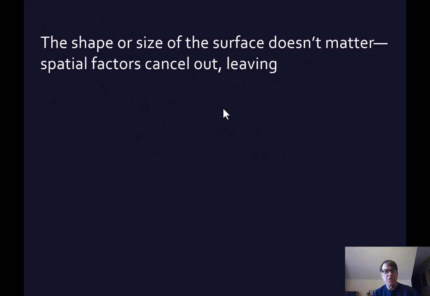So another thing we've discovered, and Young and Freedman go to great lengths to show this, is that it doesn't matter what the shape or size of the surface is. I've said this. It doesn't matter whether it's a square, a cube, or a sphere. The spatial dimensions cancel out. Spatial factors cancel out.